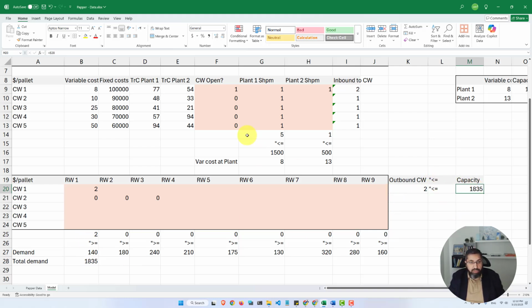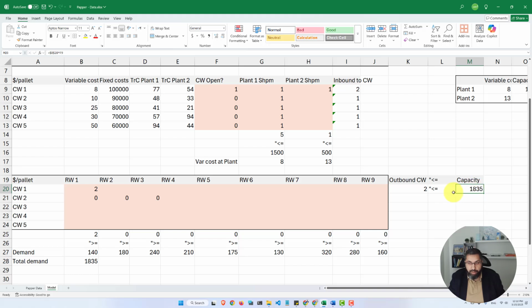Now the capacity when it's open is 1835, but when the central warehouse is closed, the capacity is going to be 0. So I need to multiply this capacity by the binary variable. And I should put dollar signs around this cell, because if I drag the formula down, I don't want this blue cell to move down, because my total demand is in cell B28, right?